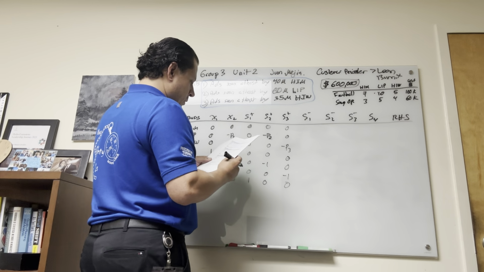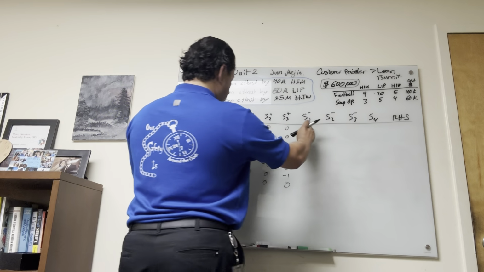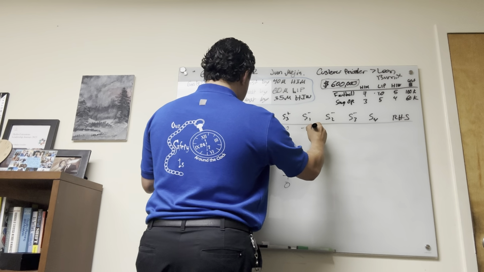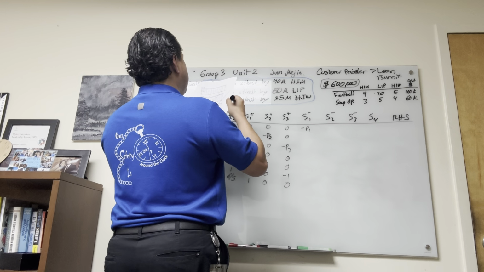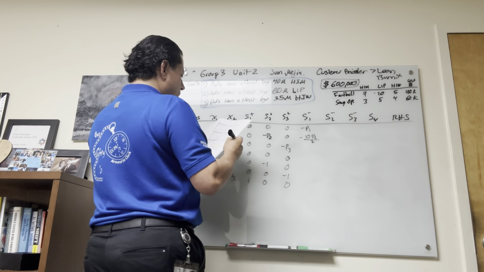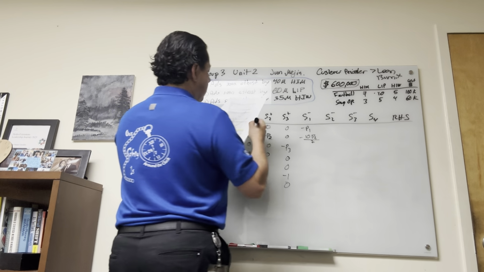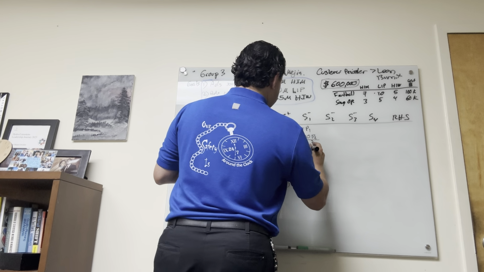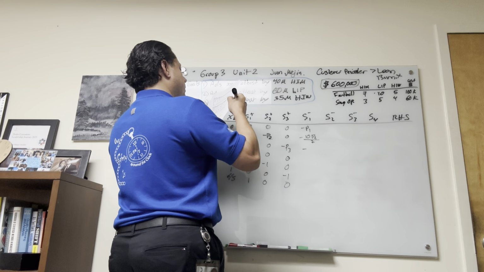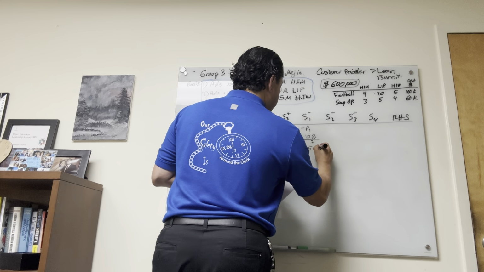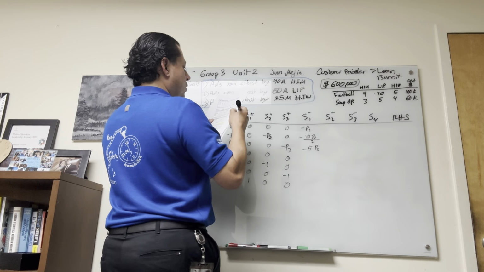Under the S1 negative, we came with a negative P1. Then we have a negative 10 P2 over 7, negative 10 P2 over 7. And then we have a negative 5 P2 as well over 7.